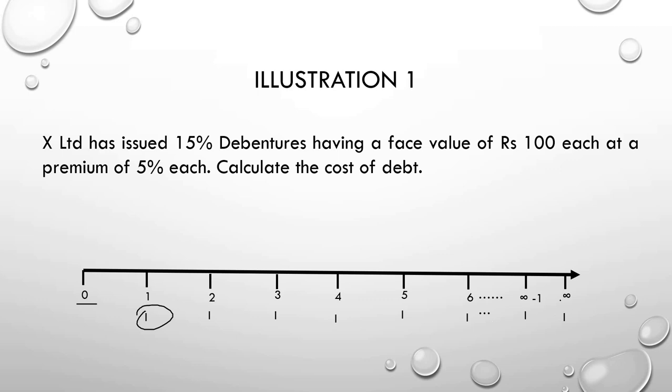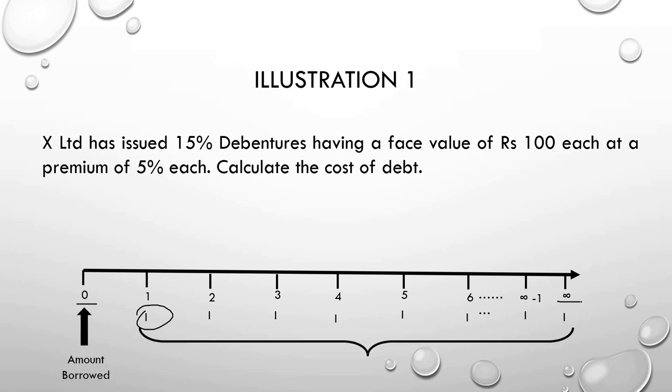And in the last, I have put infinity, because the company is never going to repay the money. Every year the company just pays the interest. Even the company is not aware of till when it will last, so the interest will be paid till infinity. So this is your amount borrowed and these are your interest payments till infinity.